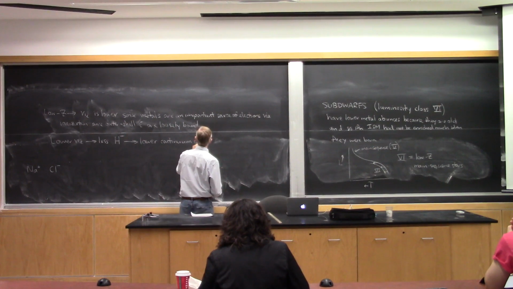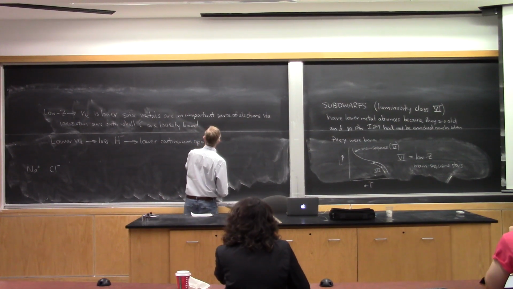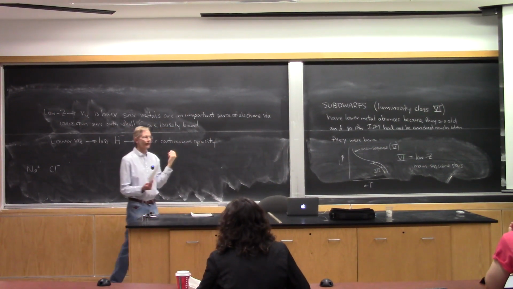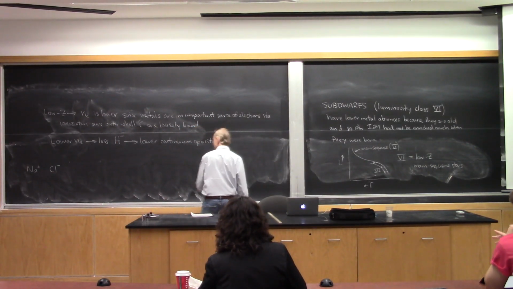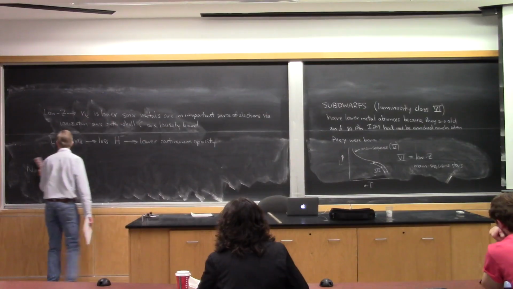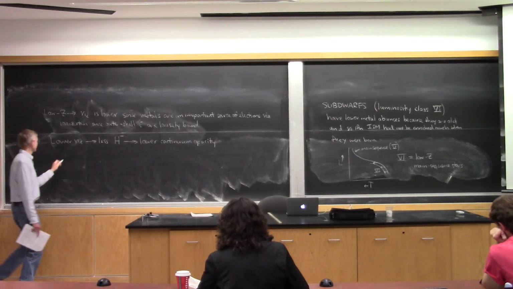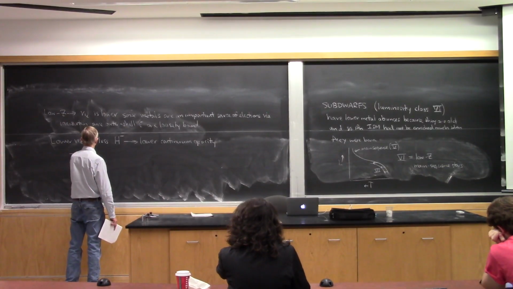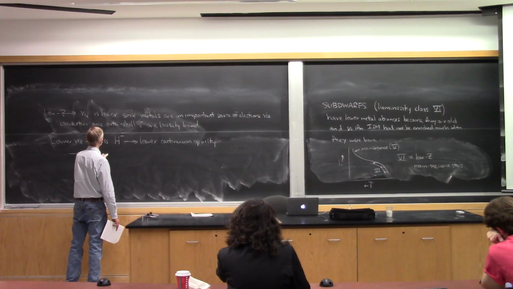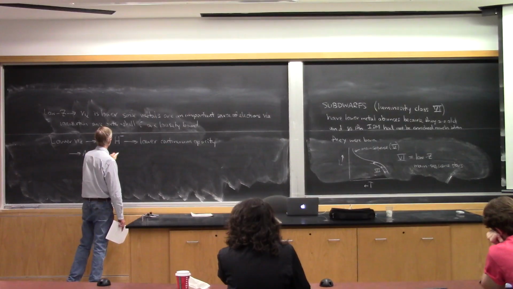In low metallicity stars, there's not as much H-, and so their atmospheres are more transparent. It's got a lower opacity, same thing as saying it's more transparent.